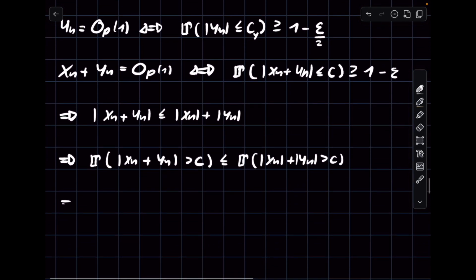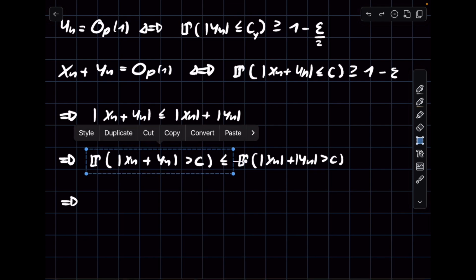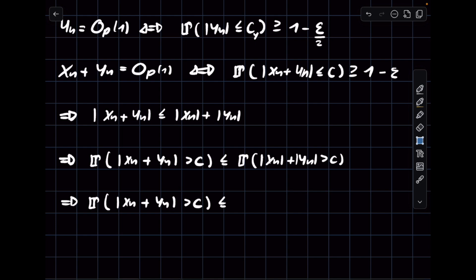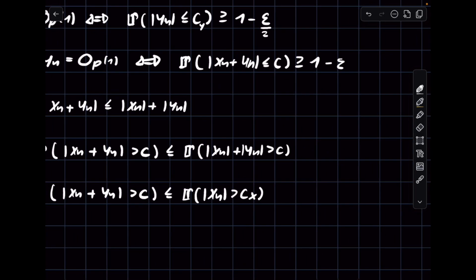Then we can rewrite this, copy it, and rewrite it as two different inequalities: the probability that x of n exceeds c of x, plus the probability that y of n exceeds c of y. That's pretty much it.